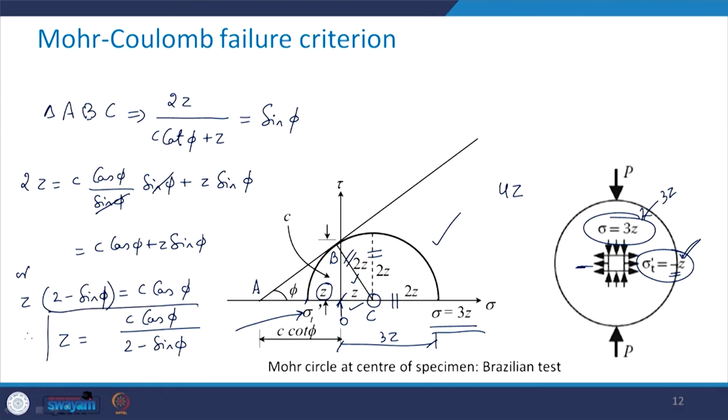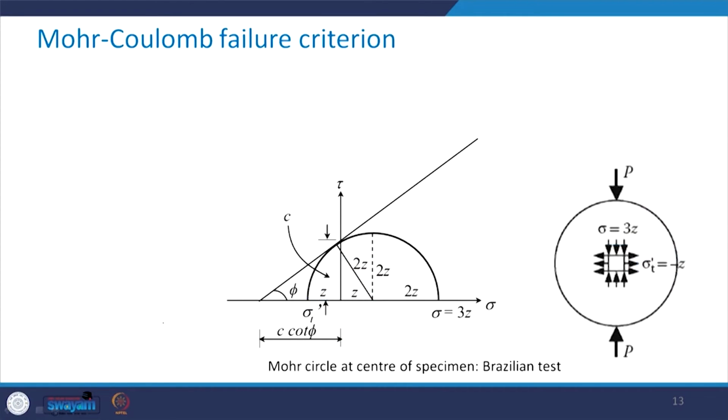So this is the expression that I am going to get for Z. Here Z is representing the tensile strength. So the tensile strength in case of the Brazilian test is going to be given by this expression, which is C cos phi divided by 2 minus sine of phi.